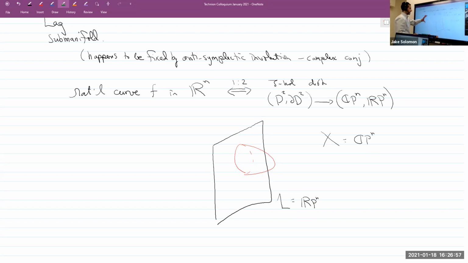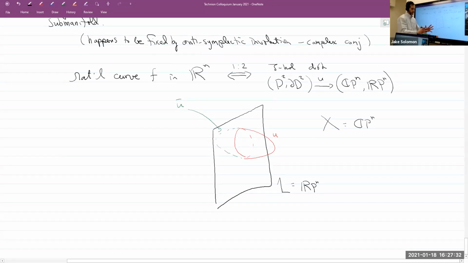Then, when I have an anti-symplectic involution, I can just reflect this disk through L, and use the classical Schwarz reflection principle. Let's call the disk U, and the reflection U bar.